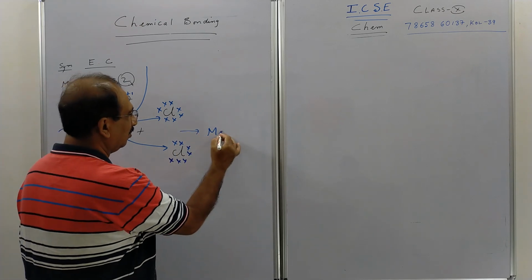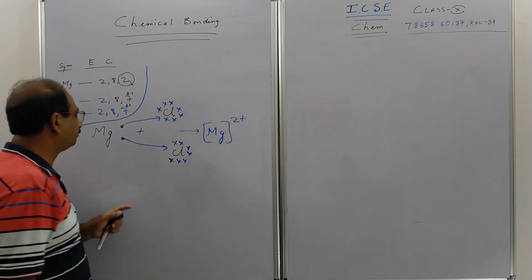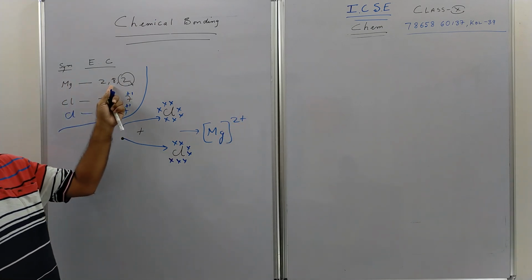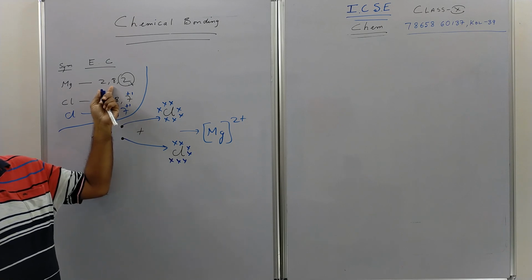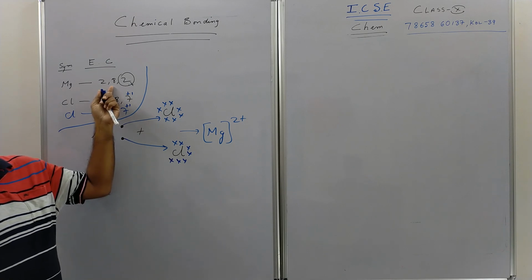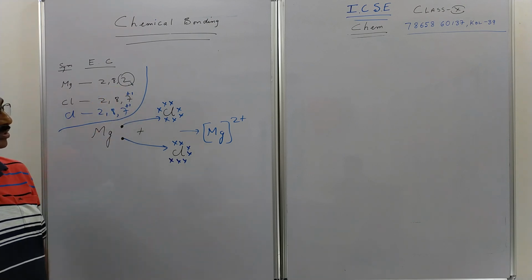Magnesium by loss of 2 electrons becomes Mg 2 positive, because it becomes 2, 8, 10 electrons and 12 protons, as I have explained in the previous one. Its protons remain 12, but electrons become 10.